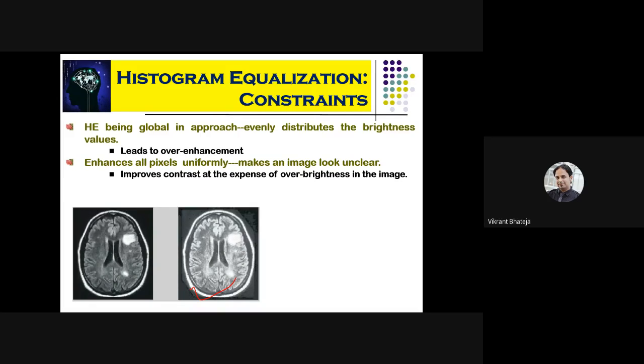That means contrast should have increased for this region, but this part was already bright and the image has become a little extra bright. Histogram equalization has tried to distribute the brightness, which has led to over enhancement in those images. So you are trying to do enhancement, but it has ultimately made the image a little unclear.